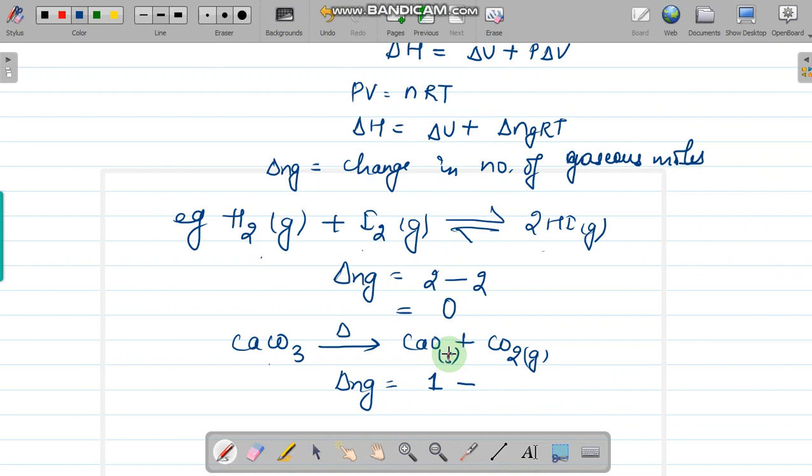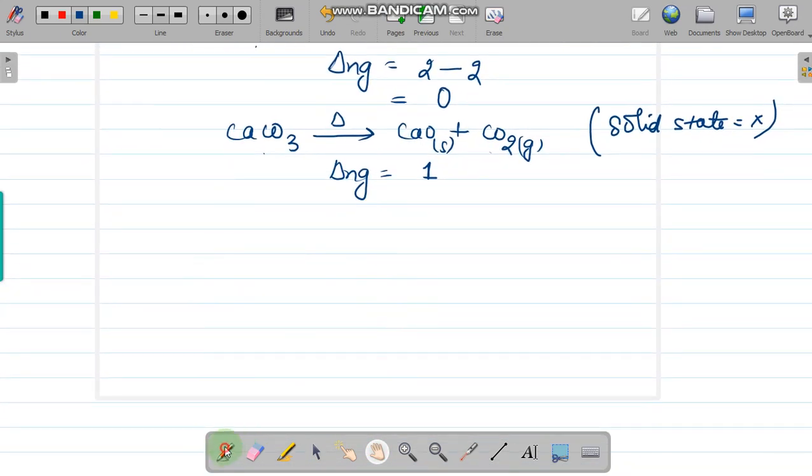When we have a solid state, we do not consider it. So the change in number of moles remains 1 only, because there is only one gaseous entity. Always remember, whenever we have a solid state, we do not consider it.